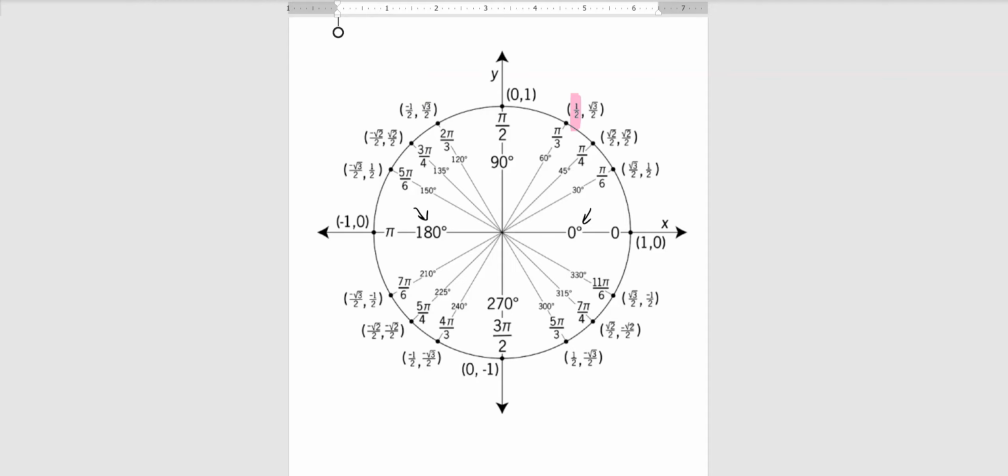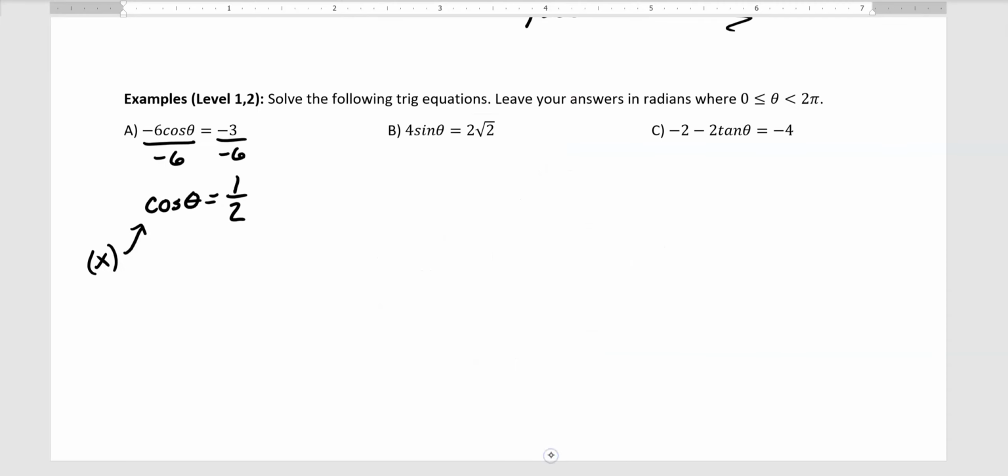X values of 1/2, oh, here's the other one. Very good. So first quadrant, fourth quadrant, well done. Remember we're in radians this time, so pi over 3 and 5 pi over 3 would be our solutions here. So let's go back to our equations. We would say that theta equals pi over 3 or 5 pi over 3.